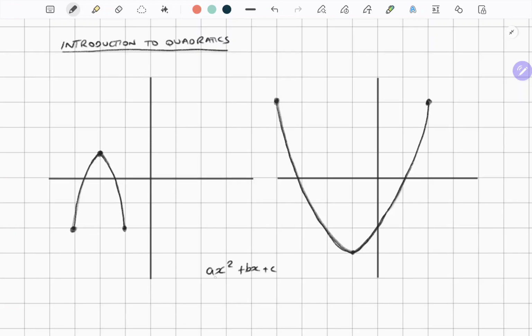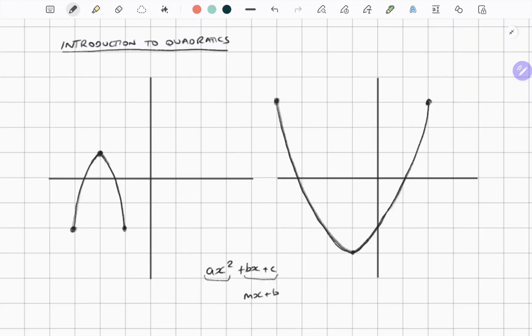Otherwise that would create this first term being 0, and then you're left with bx plus c, which hopefully you remember from previous videos, mx plus b, same thing basically, which is a straight line graph, so that's a linear equation.